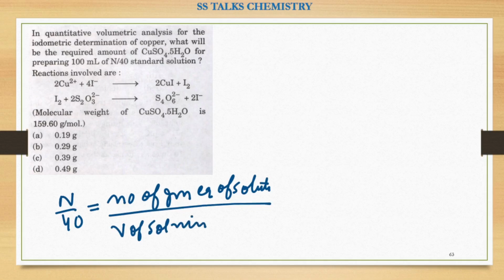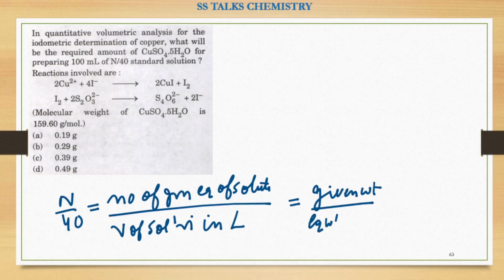Volume of the solution in liters. Right. Now the number of gram equivalents is given weight upon the equivalent weight, into the volume as it will be remaining. Right.